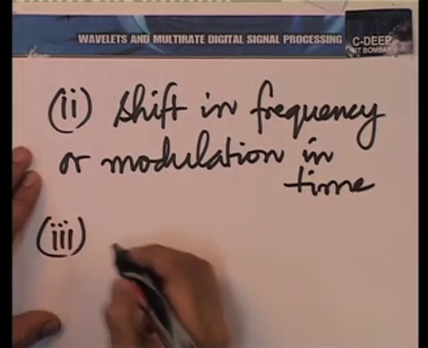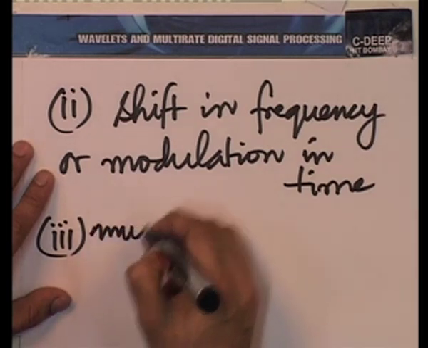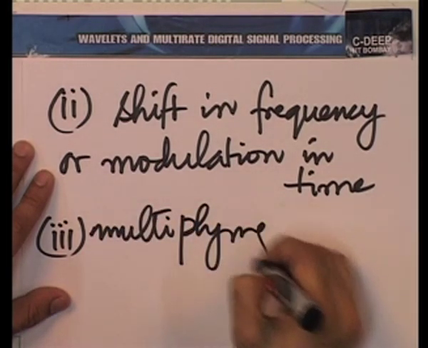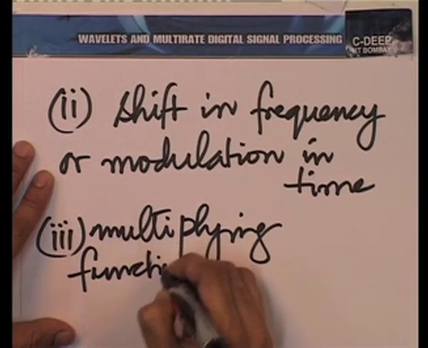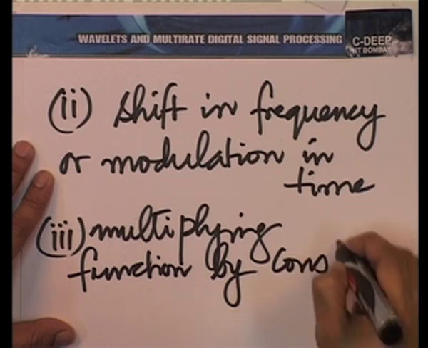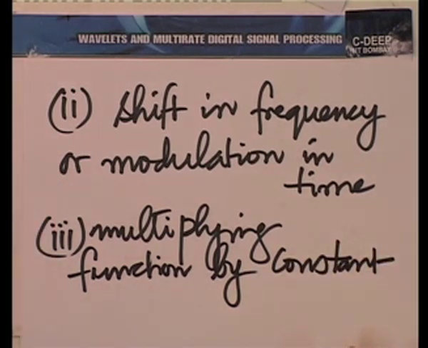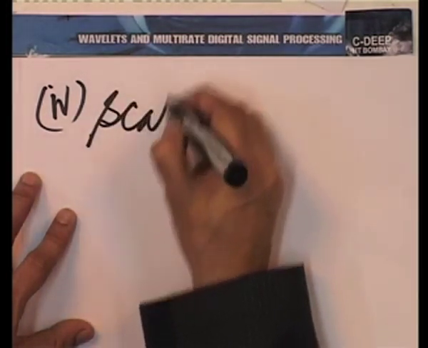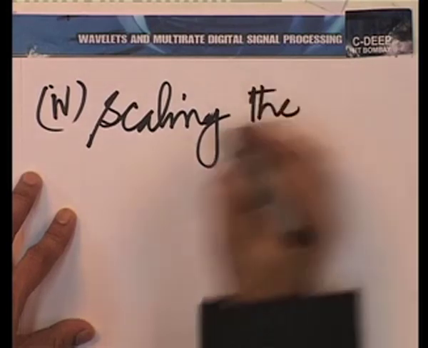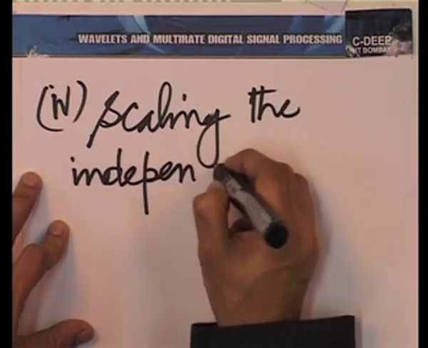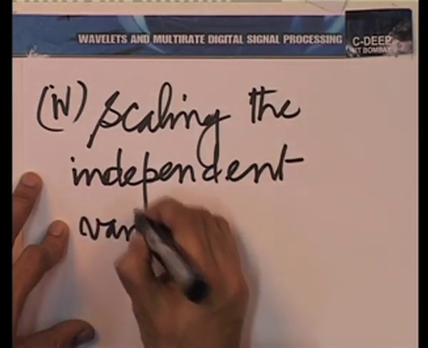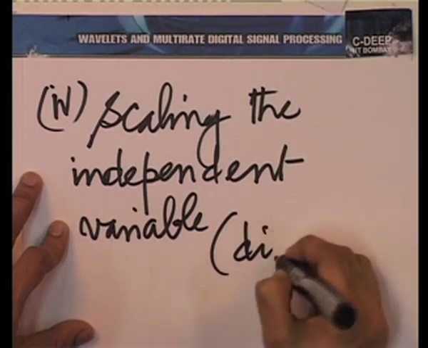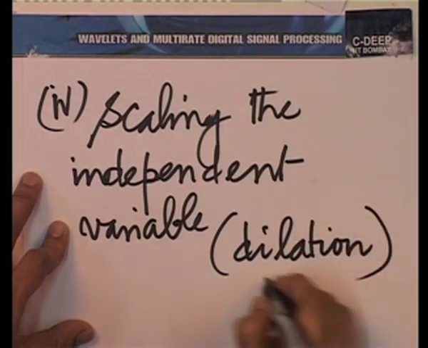Number 3, multiplication by a constant, multiplying the function by a constant. And finally, number 4, the most interesting of them all, scaling the independent variable. Essentially what we have been calling dilation all this while, dilation by alpha. So, it is invariant to dilation.